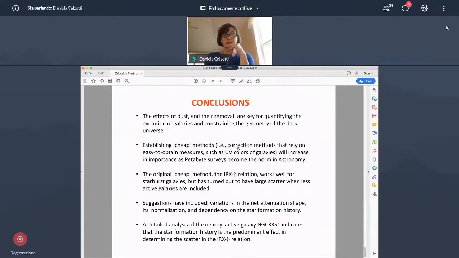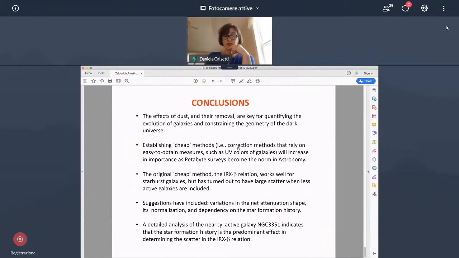Establishing cheap methods will increase in importance with petabyte surveys. Let's think about the LSST and many other upcoming huge surveys. The original cheap method, the IRX-beta relation, works well for starburst galaxies, but has turned out to have a large scatter when less active galaxies are included.